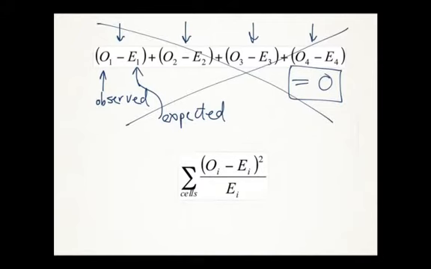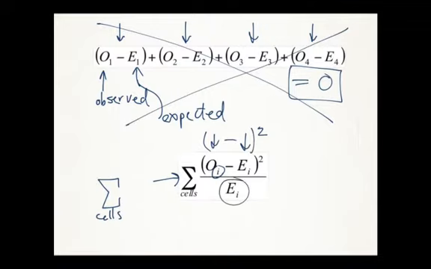Here's our statistic here. Okay, so remember this big, don't get intimidated by the notation. This big sigma, the Greek letter sigma, just means add, right? And then it says cells down here because we want to add across the cells. The subscript denotes which cell, so i here. So the observed minus the expected in the first cell squared, right, divided by the expected. And then we add them up all across, right?